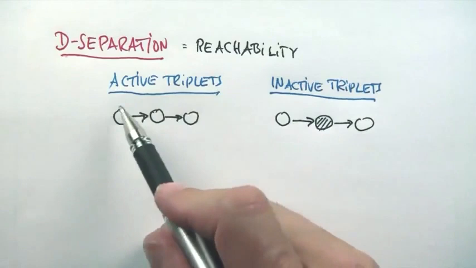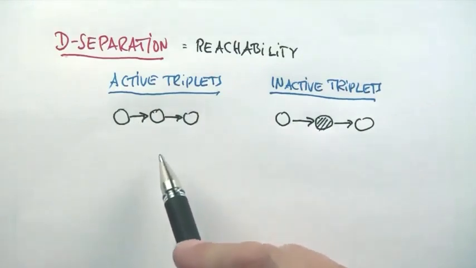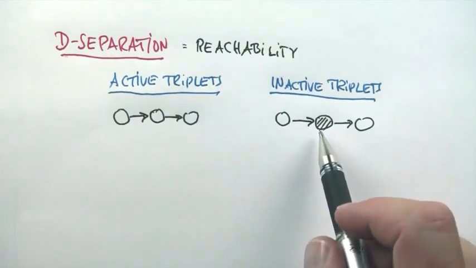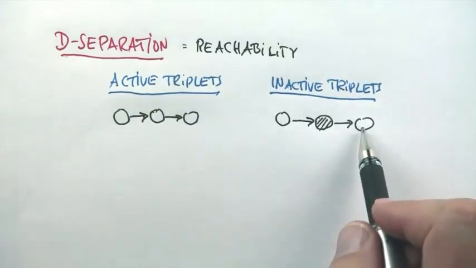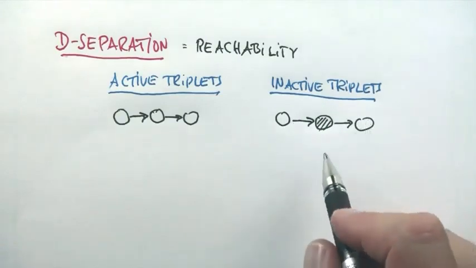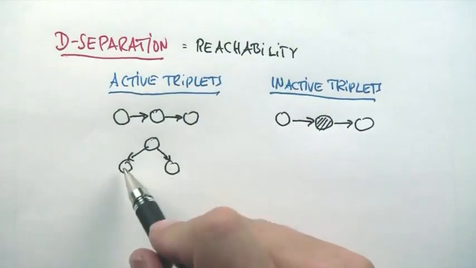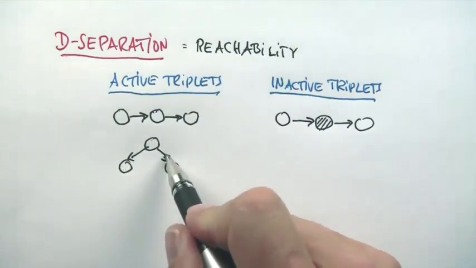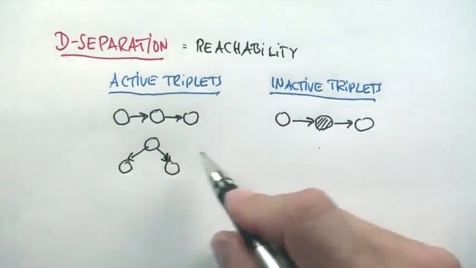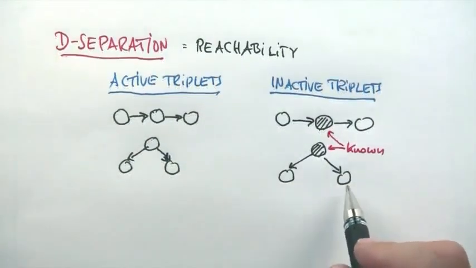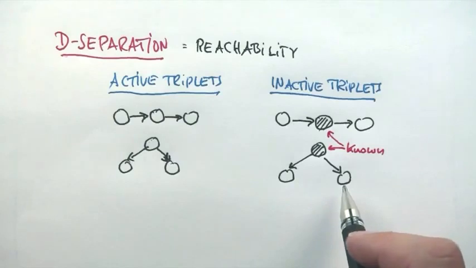So if you have a structure like this and it's quote-unquote cut off by a known variable in the middle, that separates or d-separates the left variable from the right variable and they become independent. Similarly, any structure like this renders the left variable and the right variable dependent unless the center variable is known, in which case the left and right variable become independent.